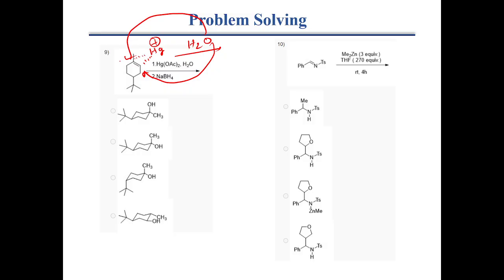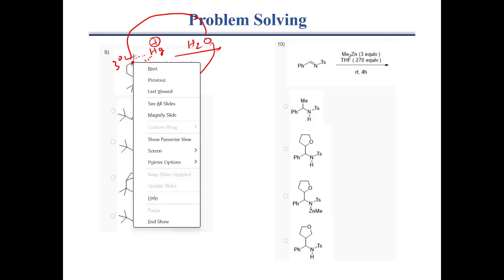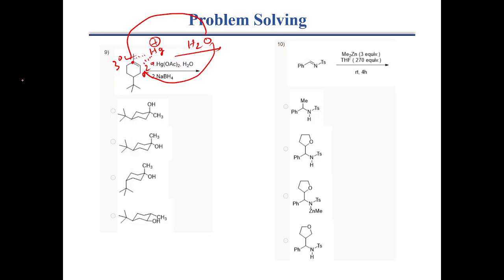If this is the carbocation, this will be tertiary carbocation and this will be the secondary carbocation. So water attacks from this side, that is the more stable carbocation. This goes through stability of the carbocation, Markovnikov attack happens here. Markovnikov reaction happens.